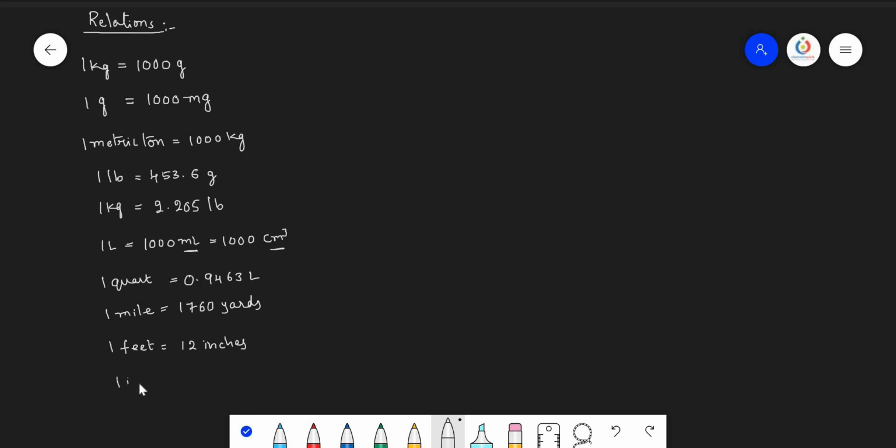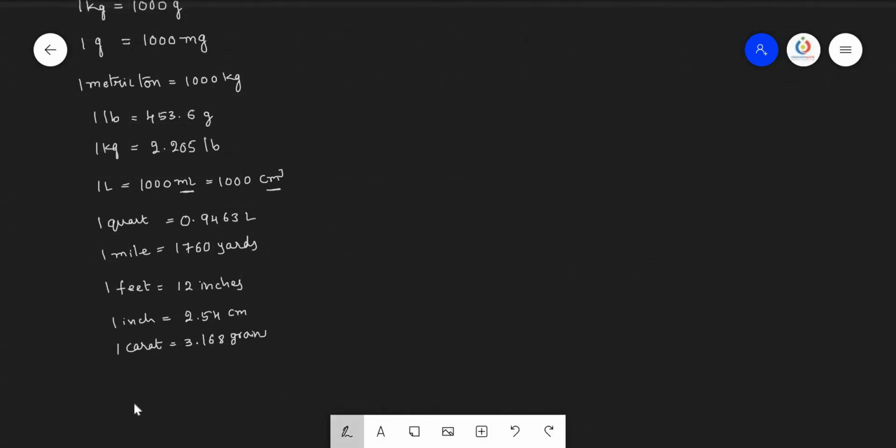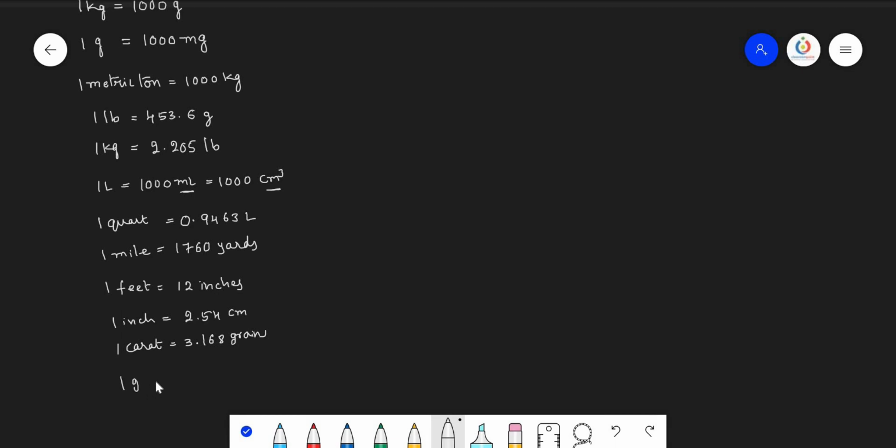Next, 1 inch is equal to 2.54 centimeters. 1 carat is equal to 3.168 grains. And the last one is 1 gram is equal to 15.4 grains.